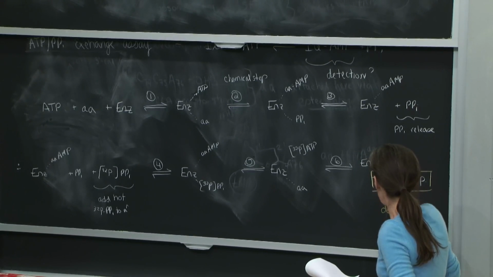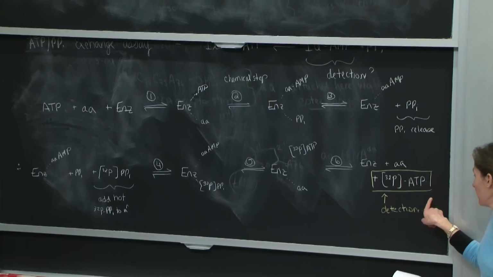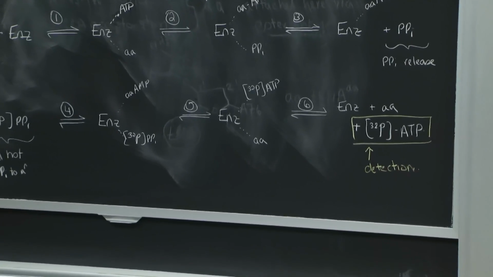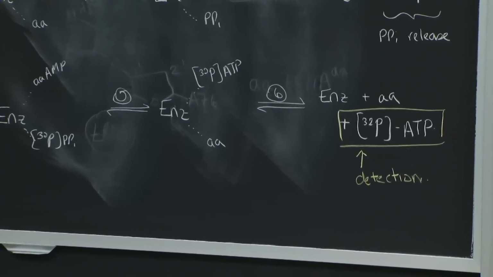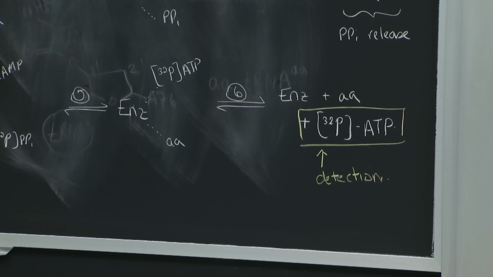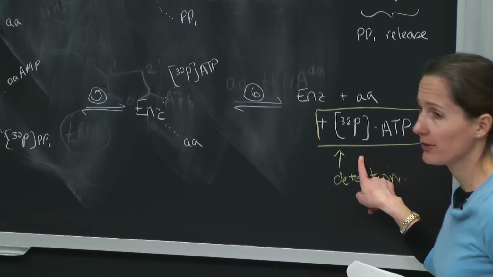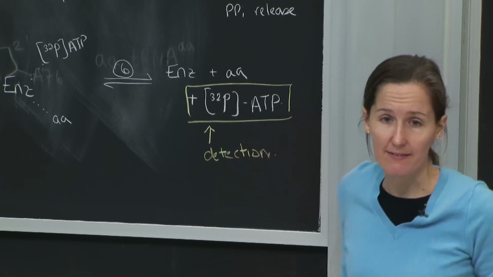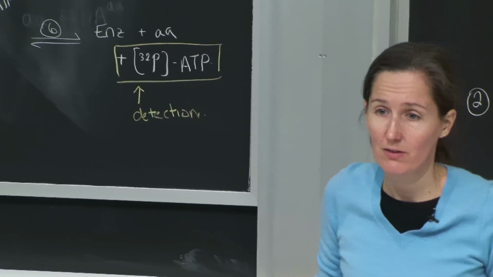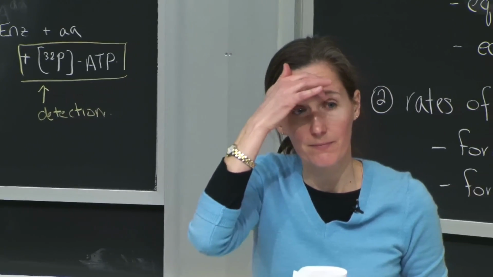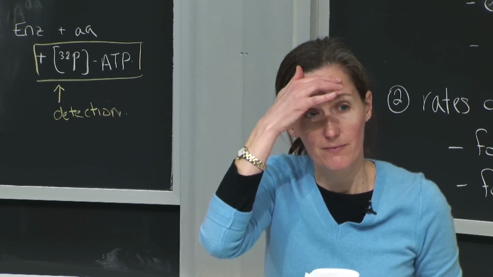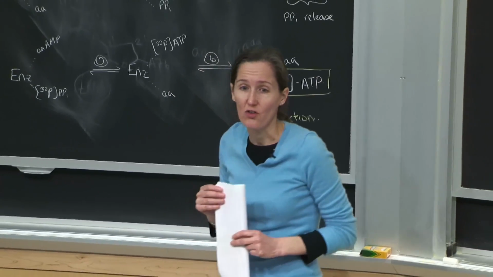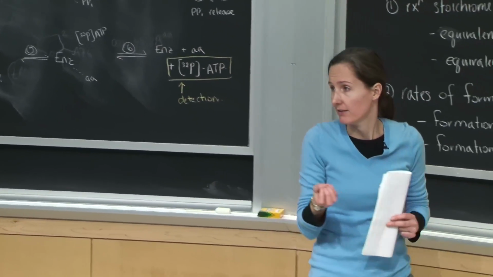So how will this be detected? And how will you know the radiolabel is associated with ATP and not something else in your mixture? Pardon? Is that mass spec? No. So we're going to look at the radioactivity.